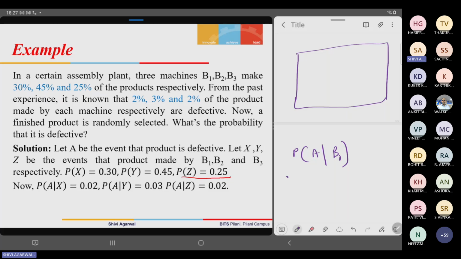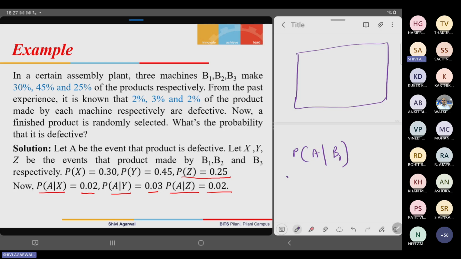So now you can see that whatever I wrote here is already given in the slide. Now what is given here? The probability of A given X is 0.02, A given Y is 0.03, and the probability of A given Z is 0.02.